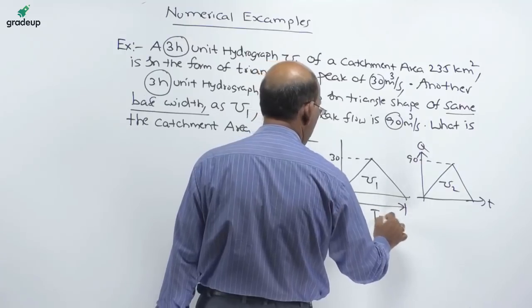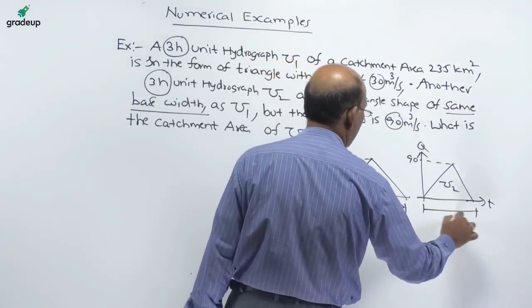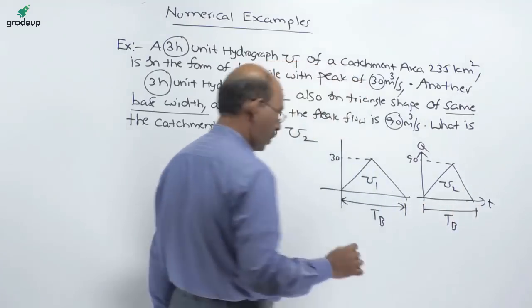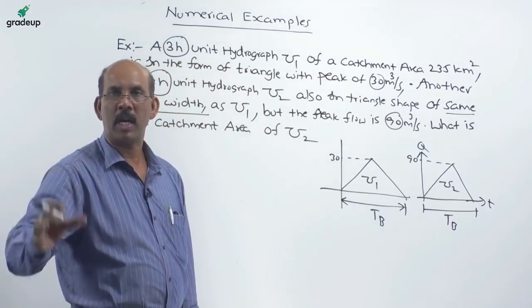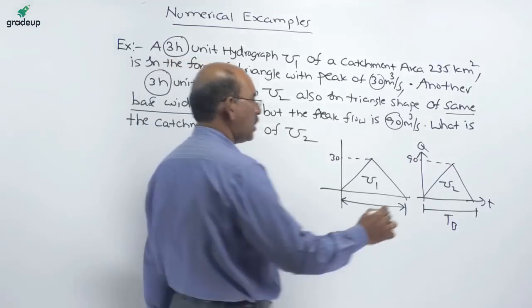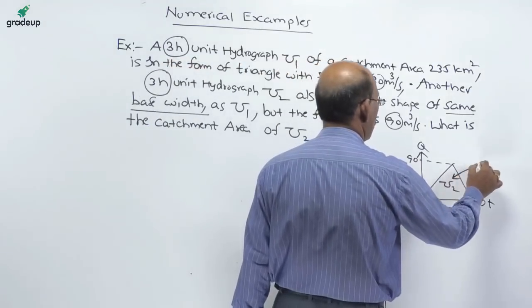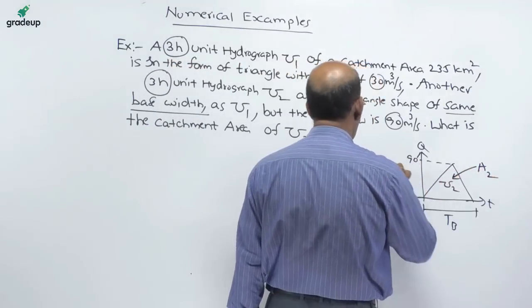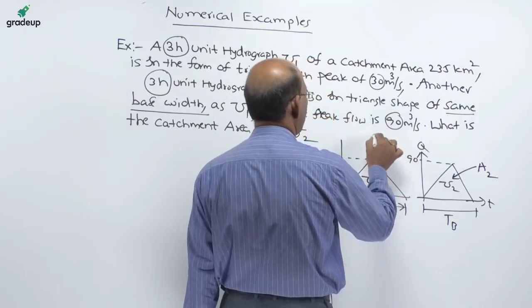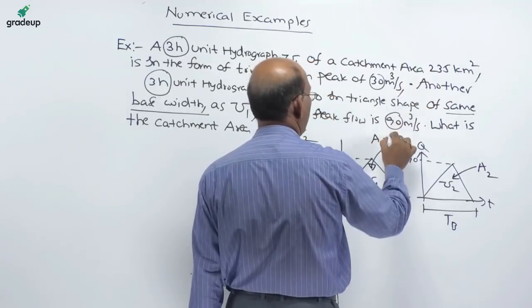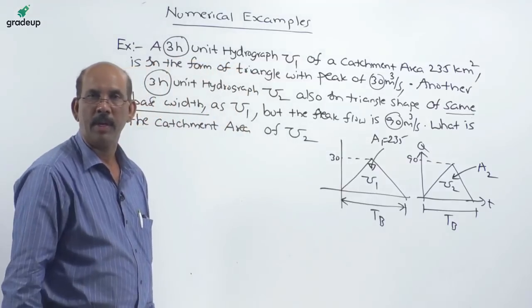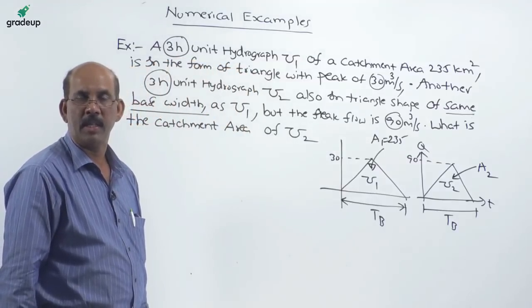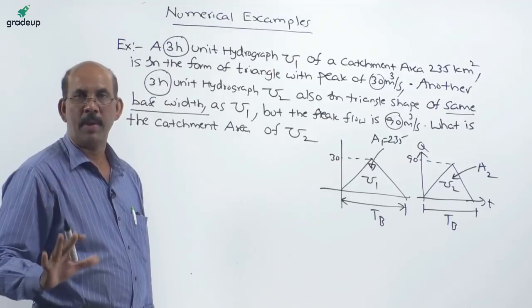So, TB and TB. Both are having the same base width, and you have to calculate what is the catchment area A2 if this catchment area A1 is given as 235 square kilometers.